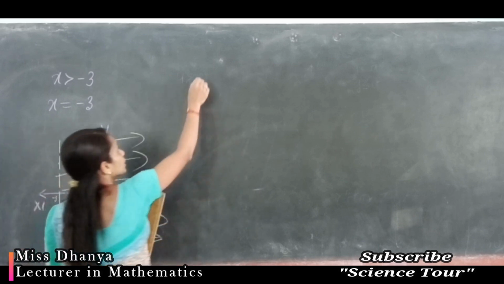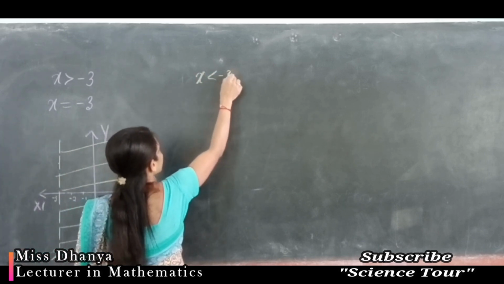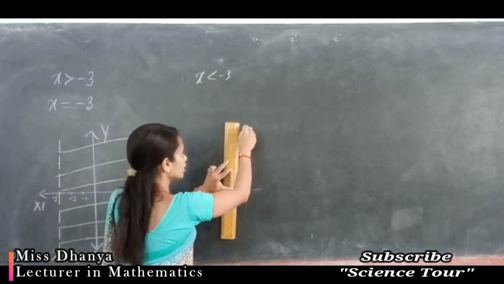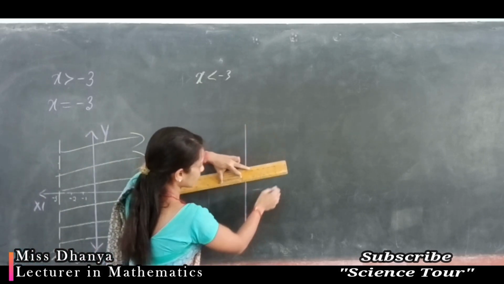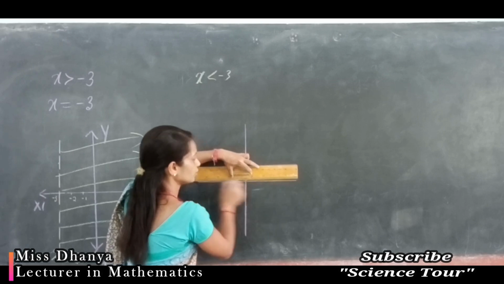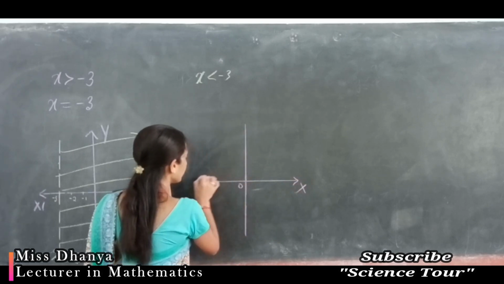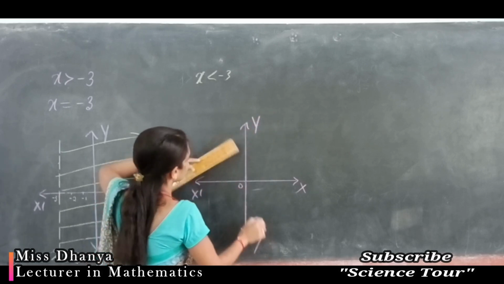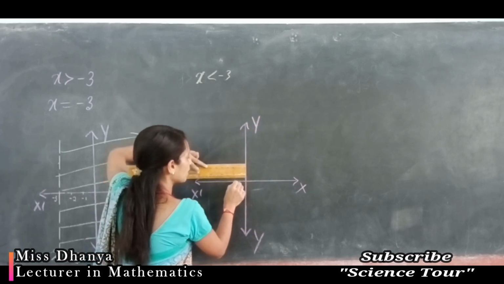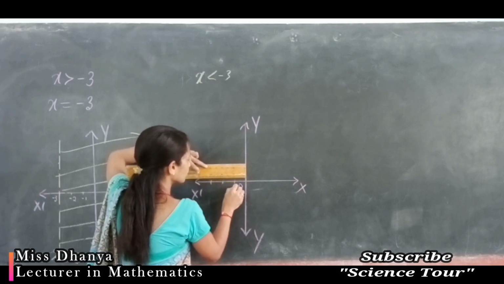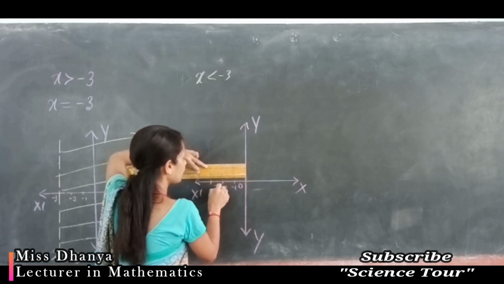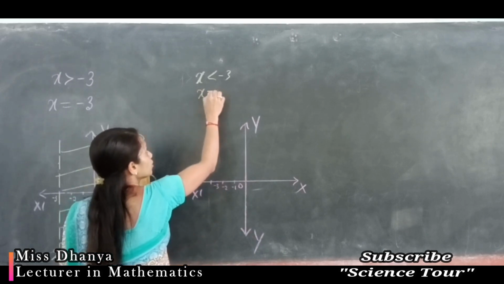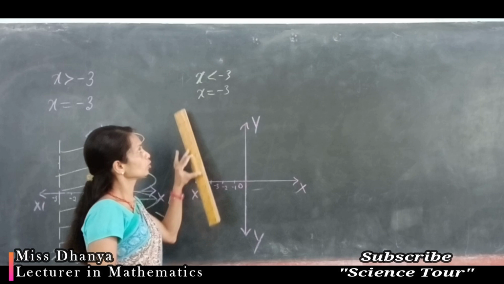Suppose you have an inequality like x less than minus 3, you have to do the same type, but the shading part is different. Draw the x axis, y axis Cartesian plane, xo, x dash, and yo, y dash. On the negative side of the x axis up to minus 3 you have to mark minus 1, minus 2, minus 3, and if you replace that inequality symbol by the equal to symbol, you will get x equal to minus 3.